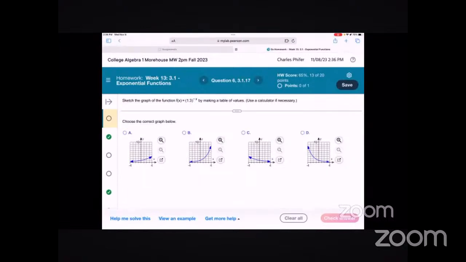And then I feel like if we choose a couple of test points to confirm, let me see. When x is -1, the corresponding y should be 1.3, I believe. That doesn't look like 1.3.